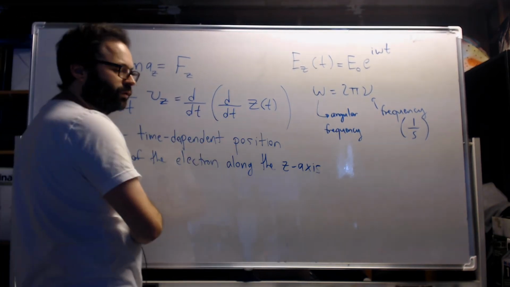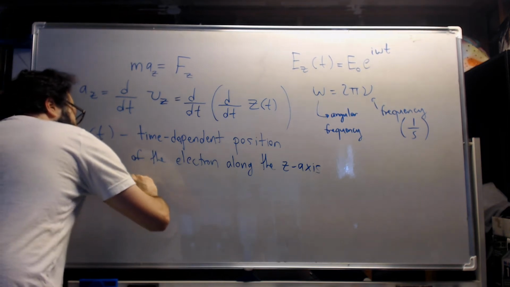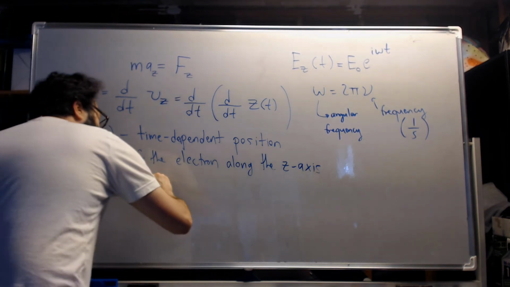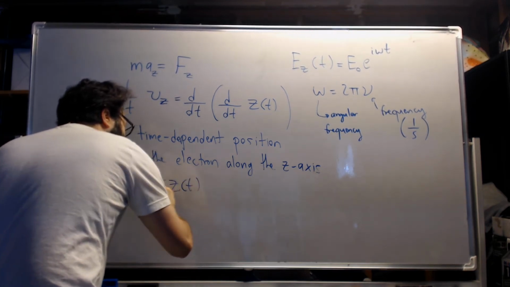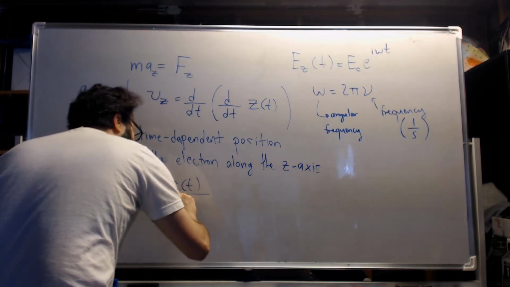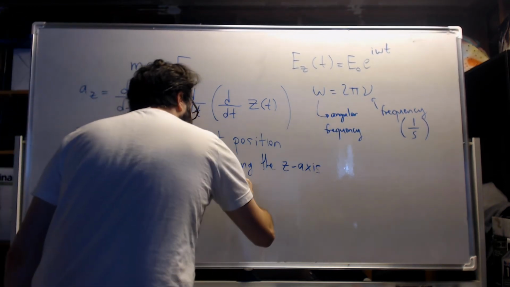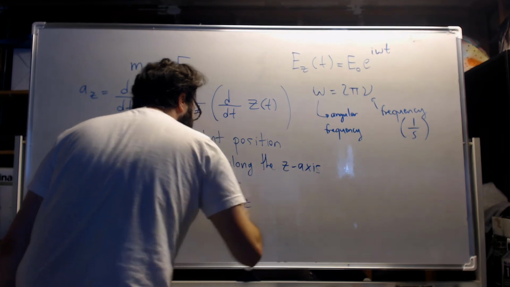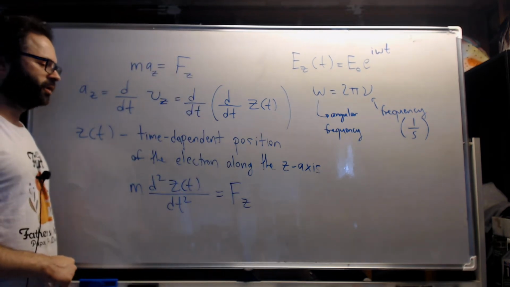And the derivative of the derivative is, of course, the second derivative. And so we may write m of the electron times the second derivative of the position as a function of time, second derivative with time, equals the force in the z direction. What is the force on the electron in the z direction?